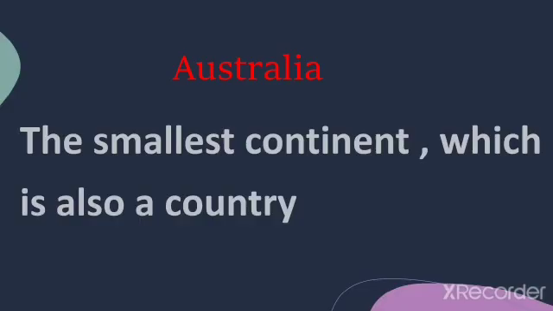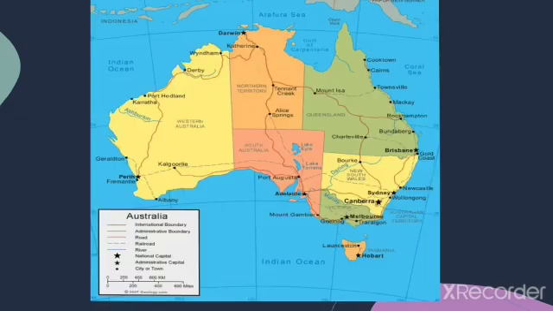The next continent, Australia. The smallest continent which is also a country. It is an island since it is surrounded by water on all sides and is located entirely in the southern hemisphere. Okay, this is the map of Australia, which is surrounded by water on all the sides. Okay, this blue color is the water.